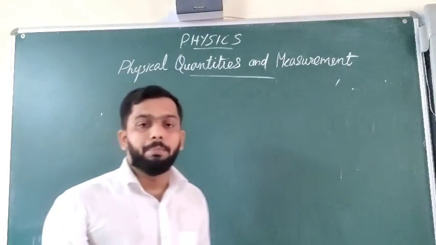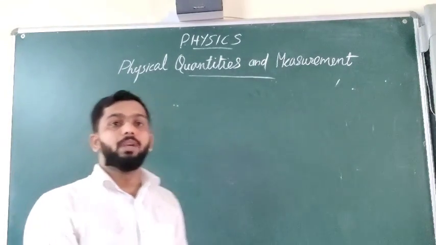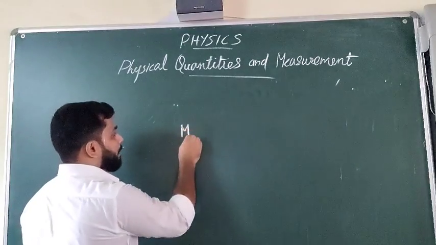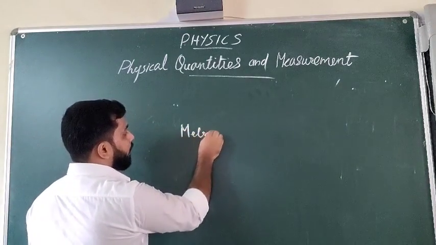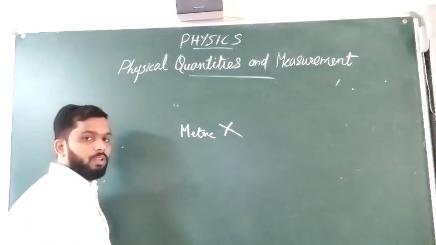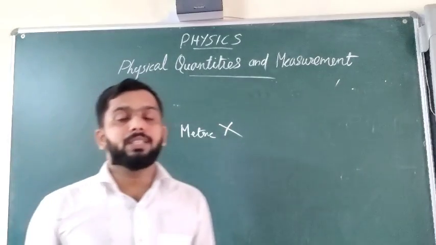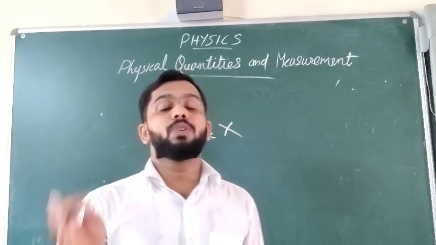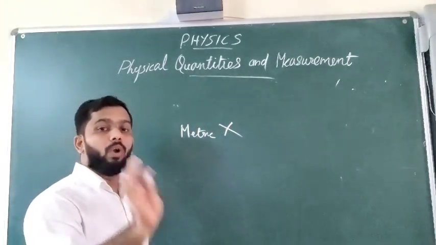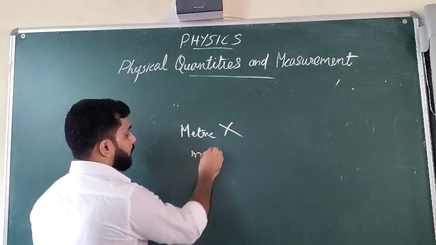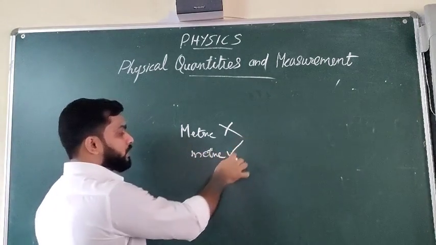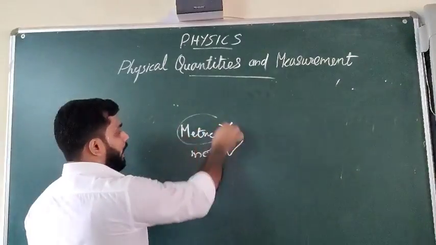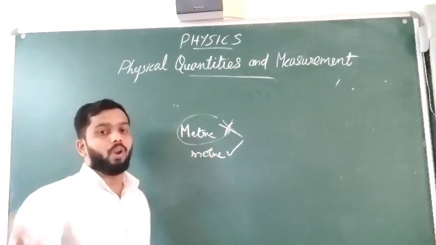The answer is meter. But if in the exam you write Meter with a capital letter, that is wrong. We will never use a capital letter when writing the names of a unit. We will use only small letters, that is meter. This one is correct. If you write it the other way, then that will be wrong.